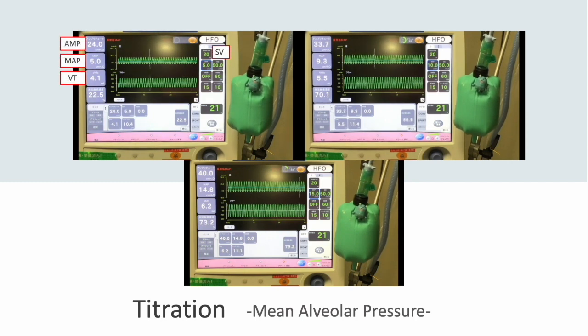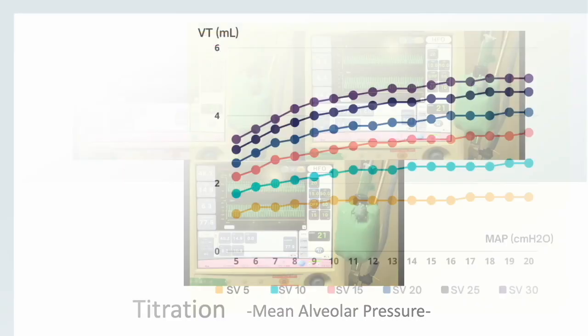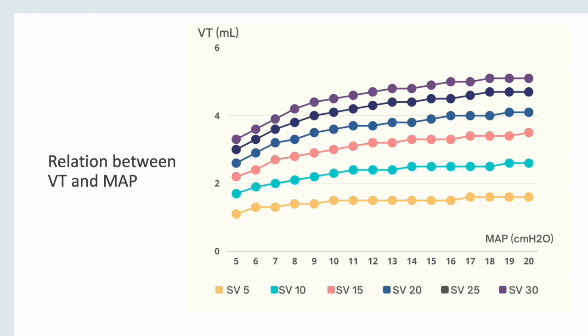This video shows amplitude when only MAP is changed while stroke volume remains constant. You can see that as the MAP value increases, the amplitude increases. The following graph summarizes the changes in tidal volume when the MAP is changed.